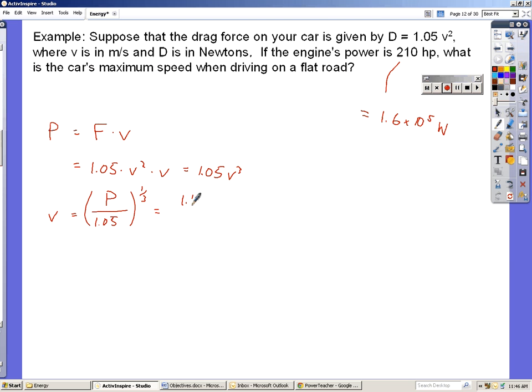So we have 1.6 times 10 to the 5th watts, divided by 1.05, cube root, and we get 53 meters per second, which is not quite 120 miles an hour. So I guess we did get a reasonable number after all.